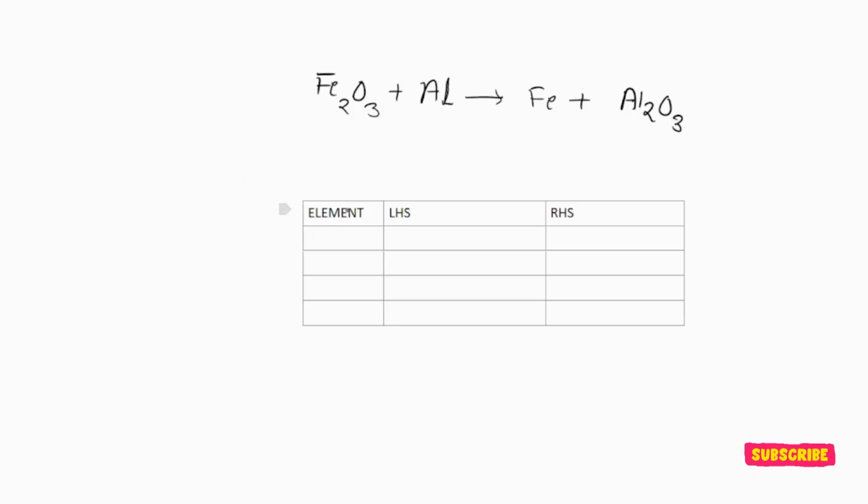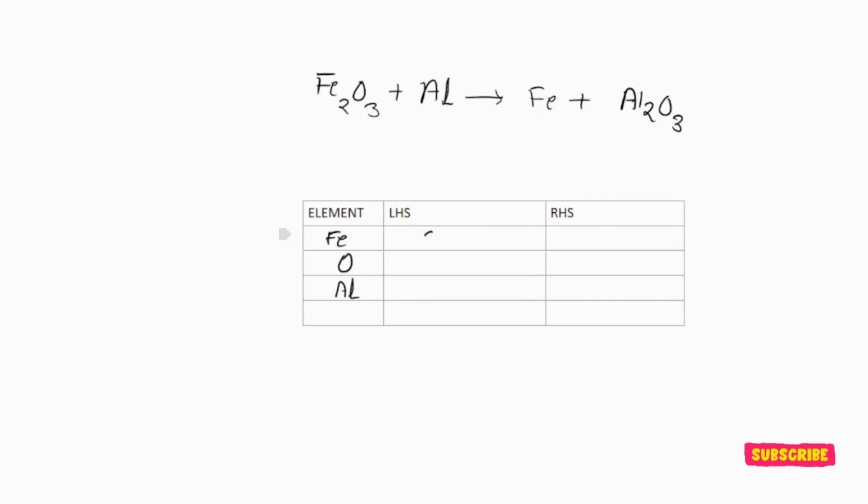Right. So now what we need to write down? We need to write down the elements. So iron is there, then I have got oxygen, and I have got aluminium. Okay. So left hand side, how many irons are there?